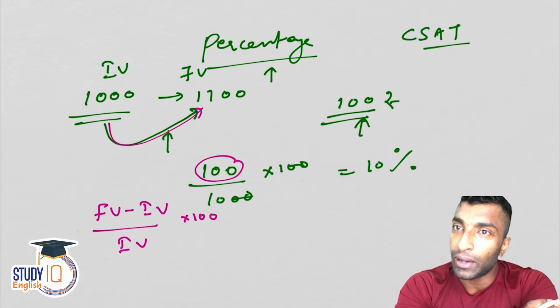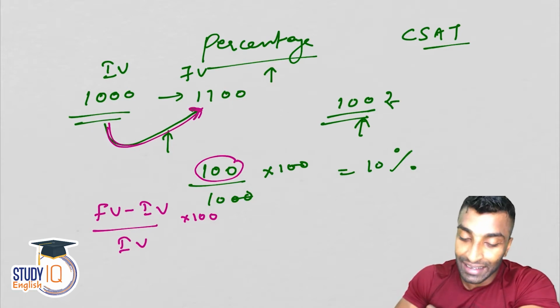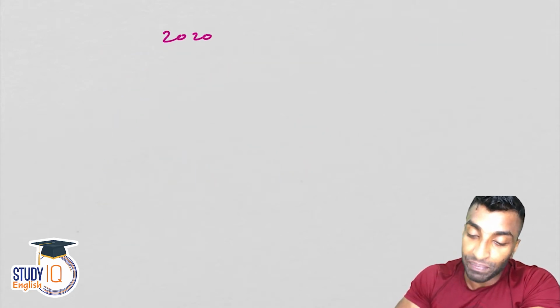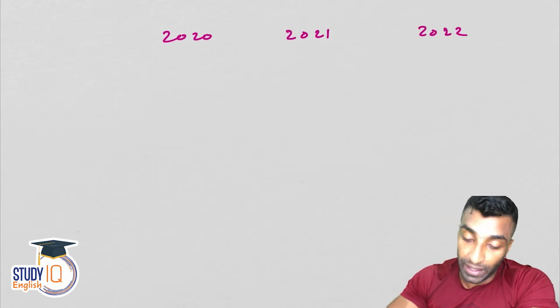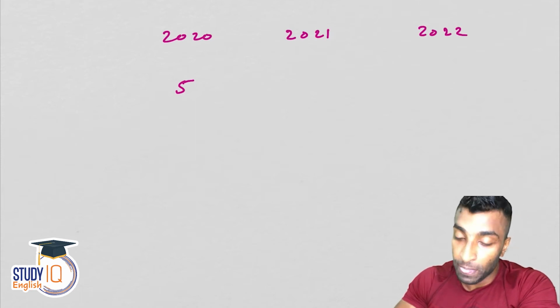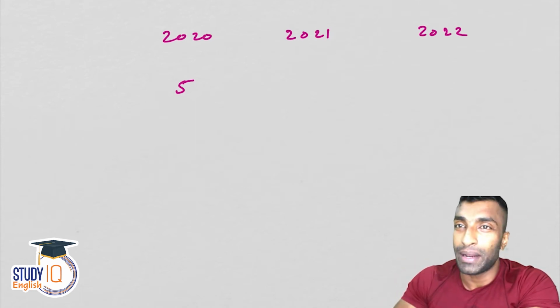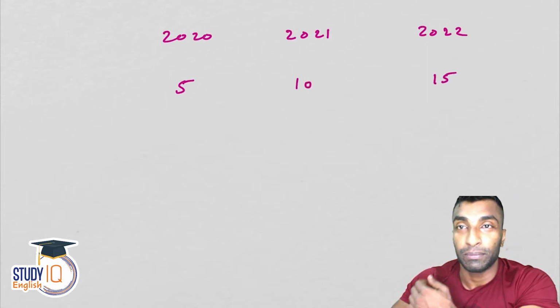So what we did now was discuss what this change is. Nobody's going to ask that directly. Let me take this example: 2020, 2021, 2022. Let's talk about GDP. Forget about GDP, I'm giving you some numbers. This year it is 5, then this is 10, and let's say this is 15.